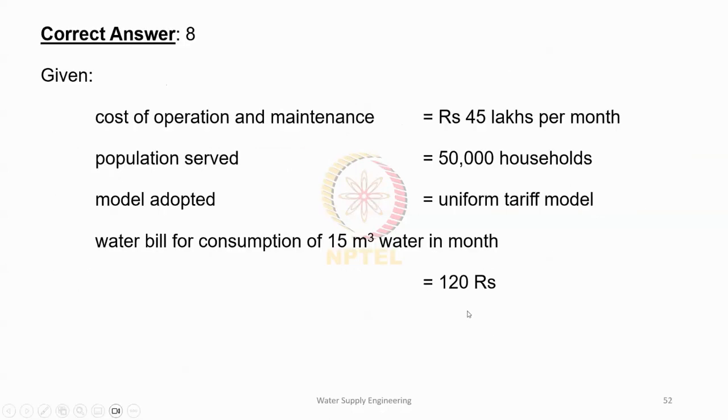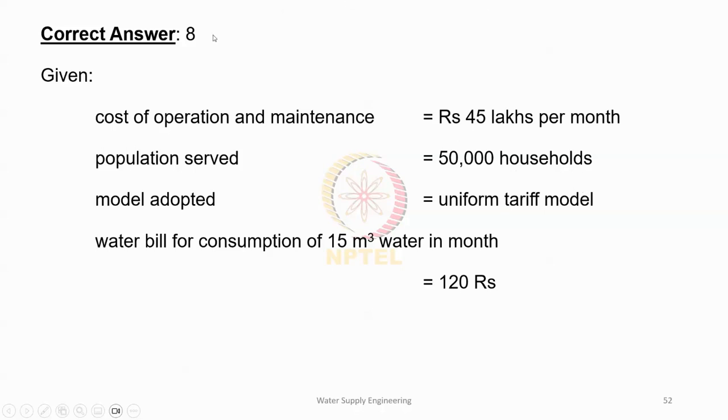So the correct answer is 8. It's given that the cost of operation and maintenance is rupees 45 lakhs per month and a total of 50,000 households is being served. The model adopted here is the uniform tariff model.